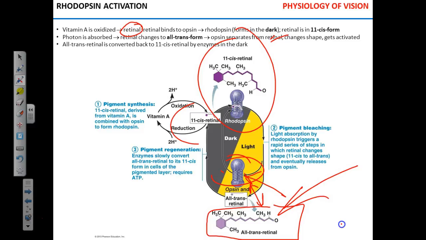If they are all separated, they cannot. This is called bleaching. Right now, your rods are bleached completely. Your rods have no functional photopigment right now. Opsin and all-trans retinal are all separated. Does that make sense?